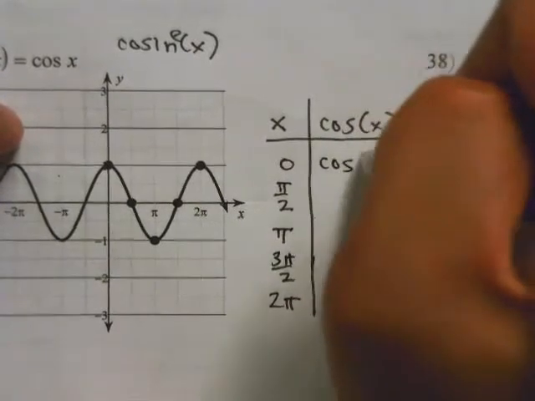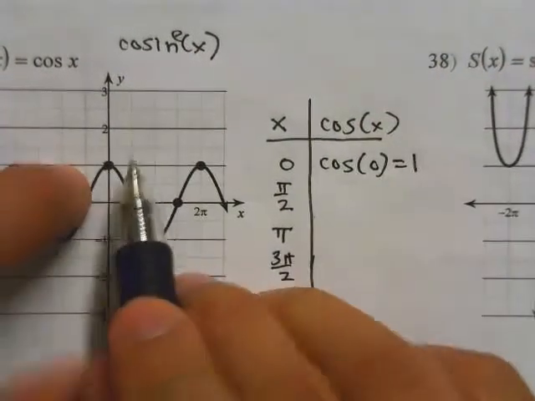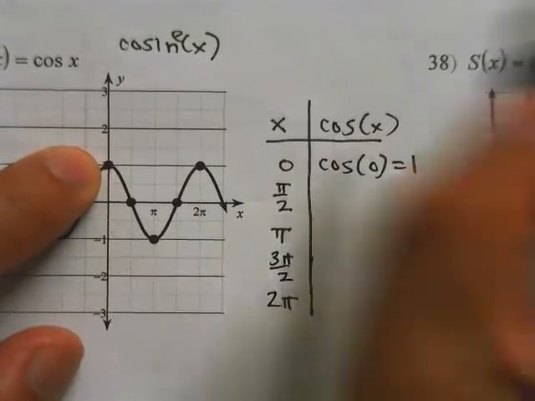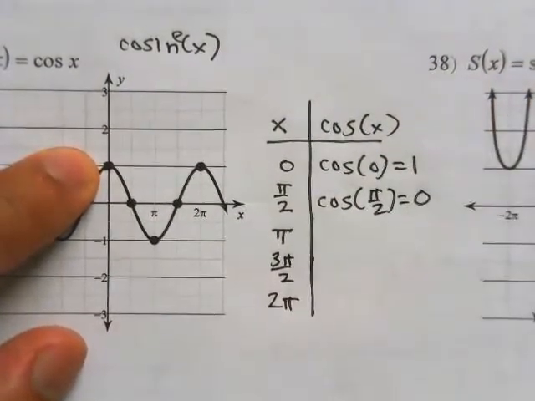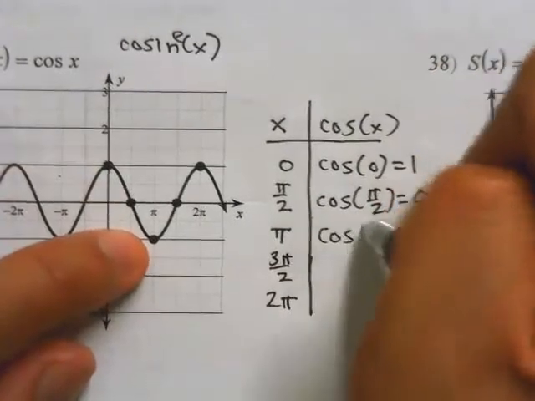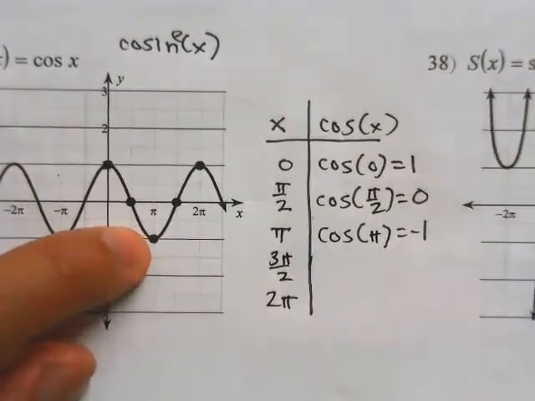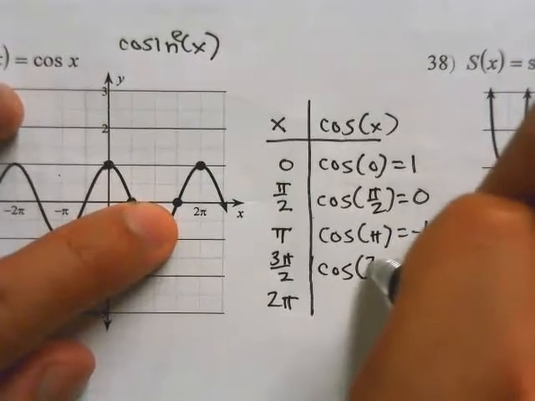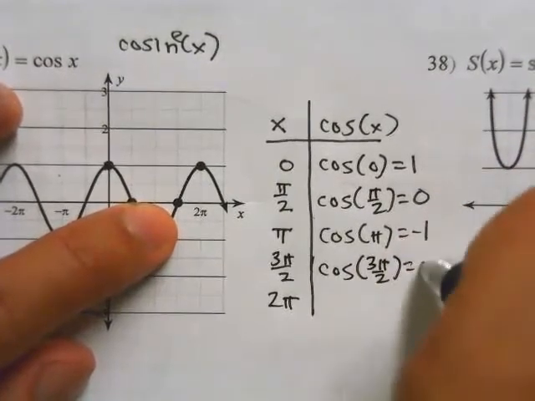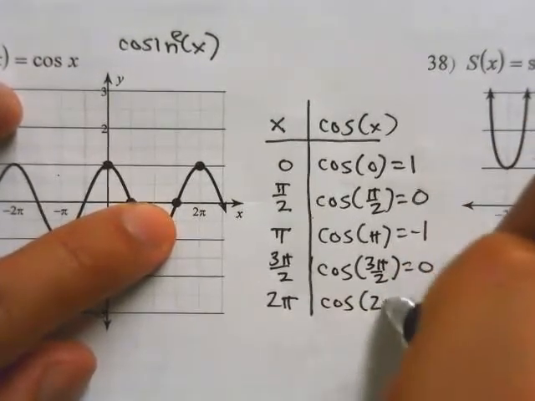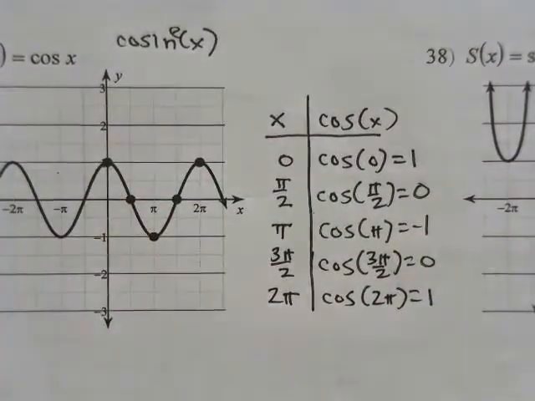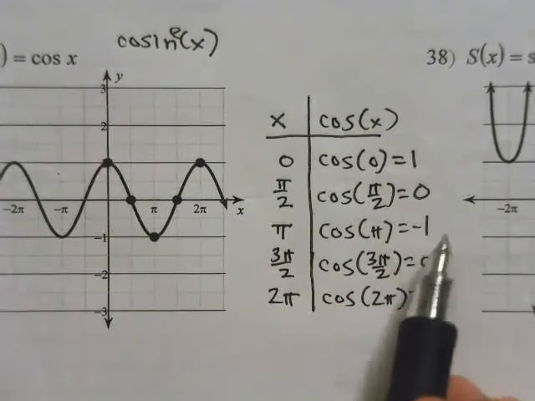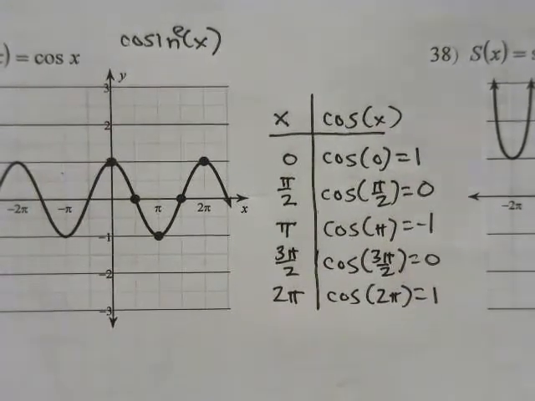Okay, so if you notice, cosine of 0 is equal to 1. So it starts with 1 over here. Cosine of 90 degrees, or pi over 2, goes to 0. Cosine of pi is going to be -1. Cosine of 3 pi over 2 is going to be 0. Cosine of 2 pi goes back to 1. So it's oscillating, but we have a different start. It's going to start at 1. Okay, so 1, 0, -1, 0, 1.